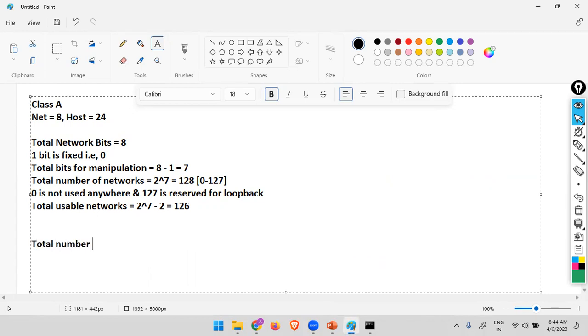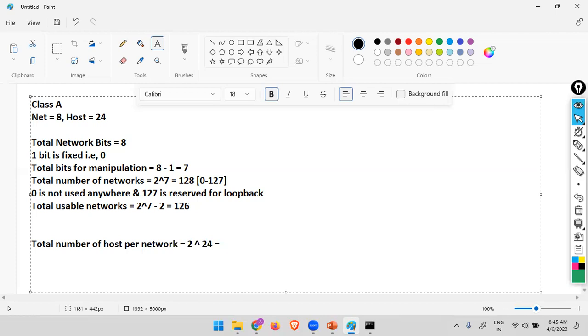Total number of hosts per network. How many host bits do we have? You have to calculate it as 2 raised to power host bits. How many host bits do we have here? 24. Correct? You do not need to remember the exact number.